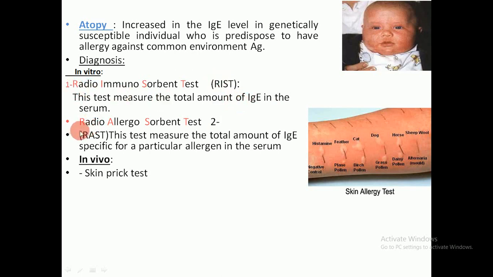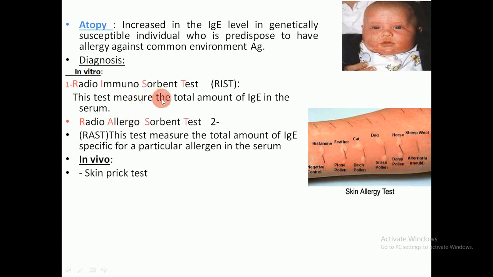And the second type is the radio allergosorbent test, which is called the RAST test. This test measures the amount of IgE specific for a particular allergen in the serum, for example, specific to egg, pollen, or house dust mite. This is done using serum from the patient.